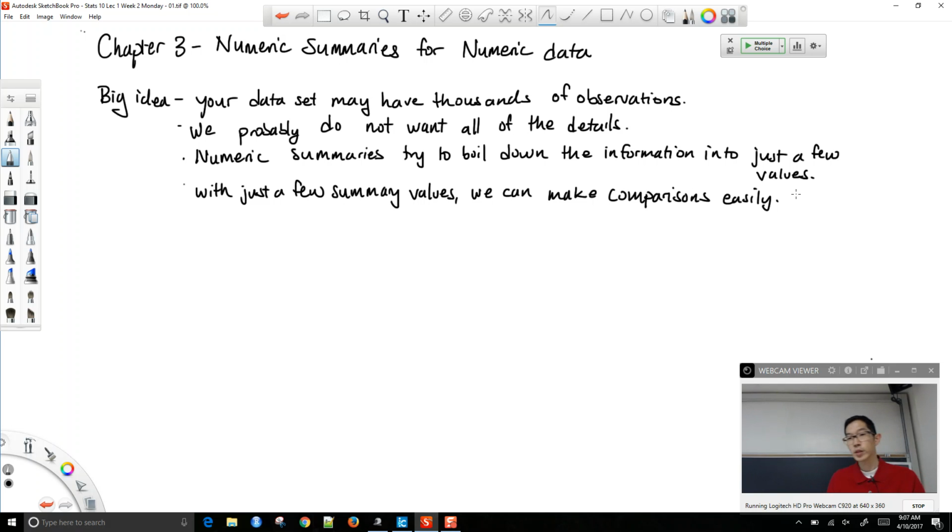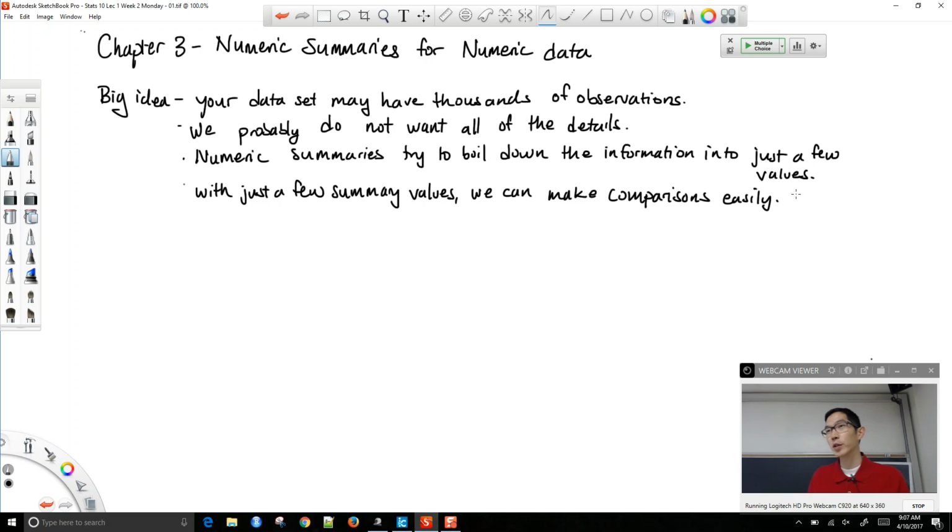Okay, and so you guys are familiar with lots of numeric summaries, and today we're going to cover topics like the mean and the median and the variance and things like that. But numeric summaries don't have to be just things like the mean and the median. Take the GPA.